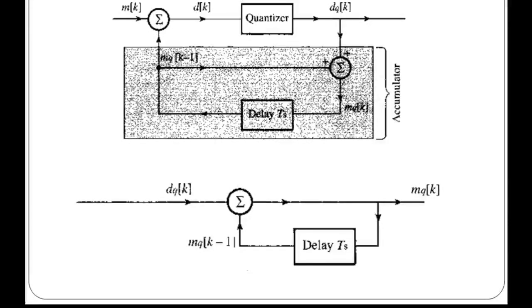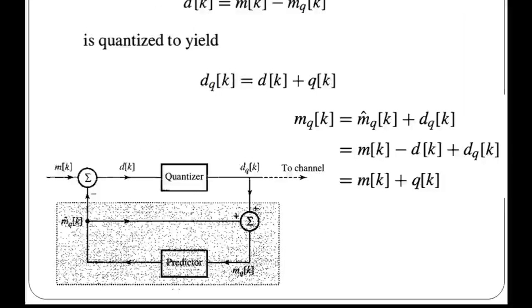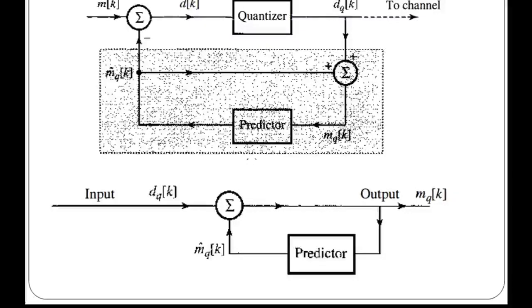So there are various methods where we are transmitting the difference of signal. One such form of modulation is called differential pulse code modulation, where we are transmitting the difference of the kth sample and its predicted value.